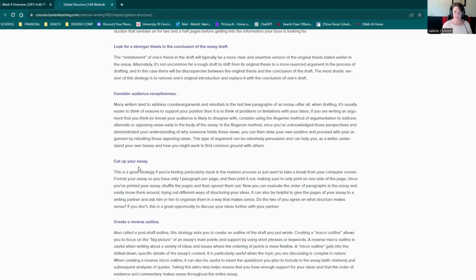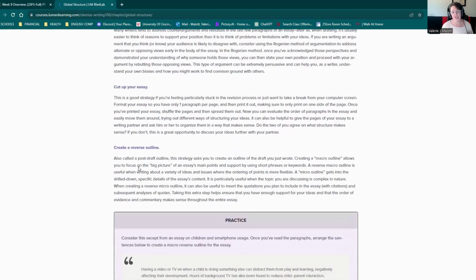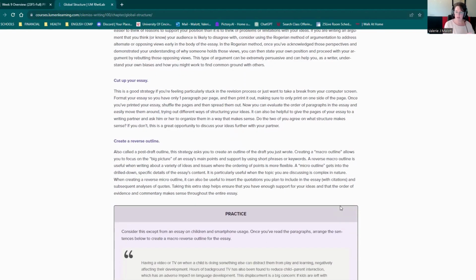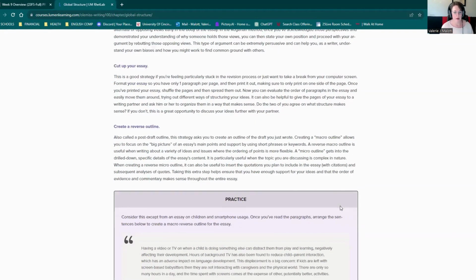So that's one suggestion. Another suggestion is to create a reverse outline based on what you've already written. So you can take your draft and then try to construct an outline based on the various paragraphs that you've written and see if that makes the most sense for your ideas to be flowing in a logical, organic manner.